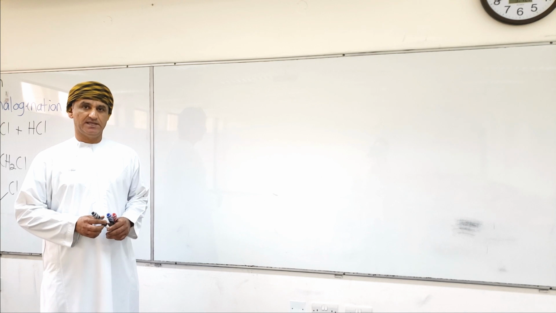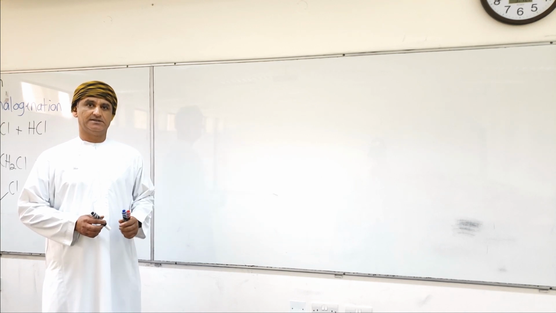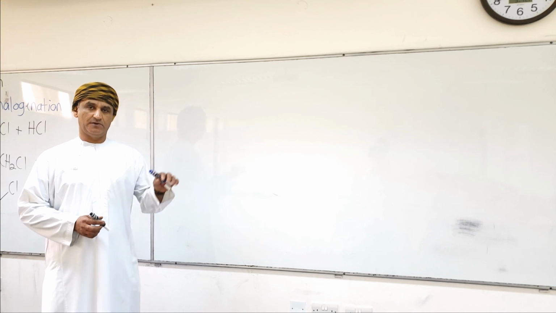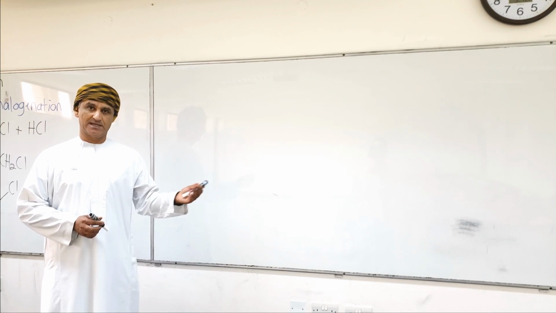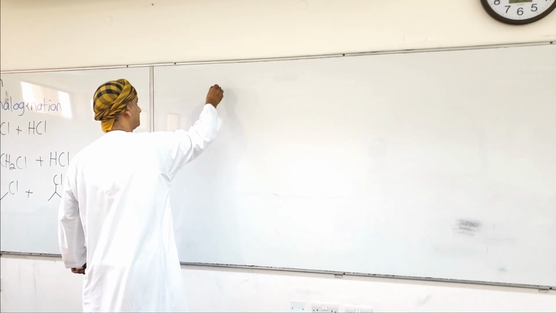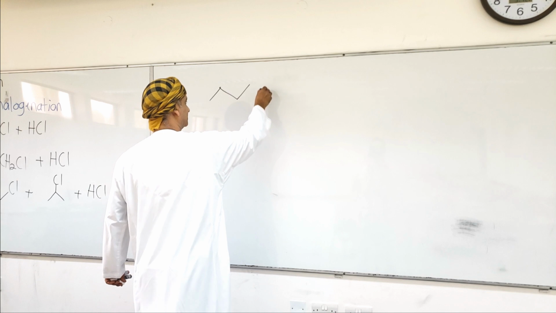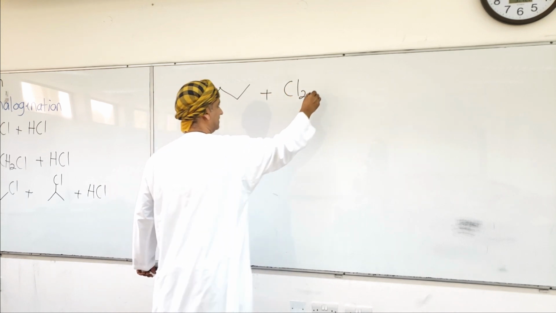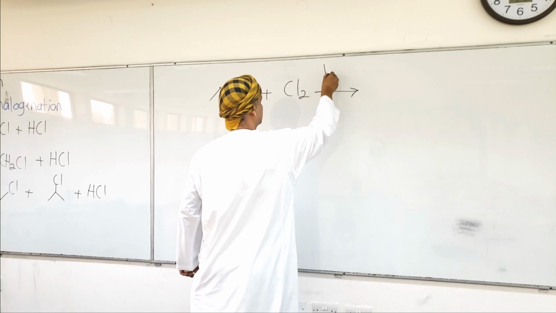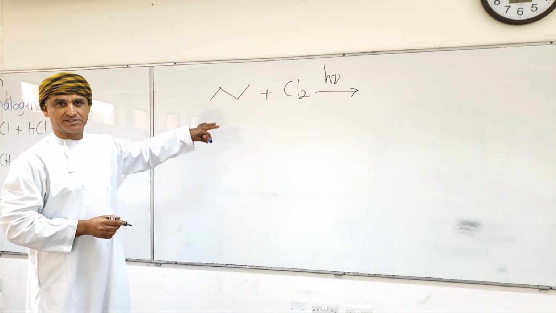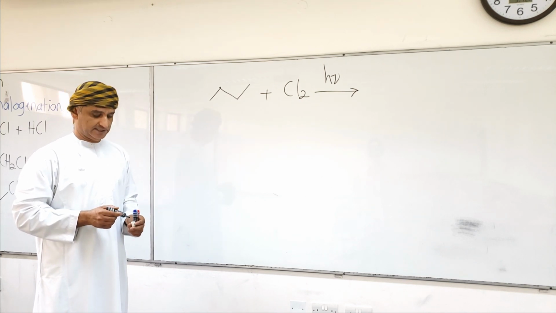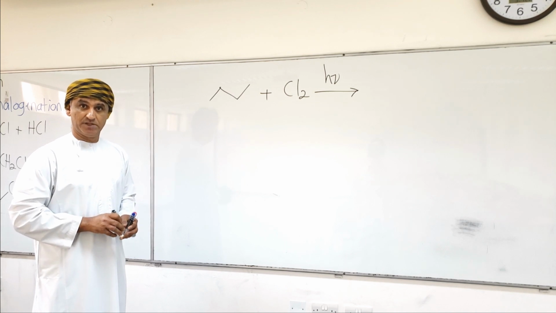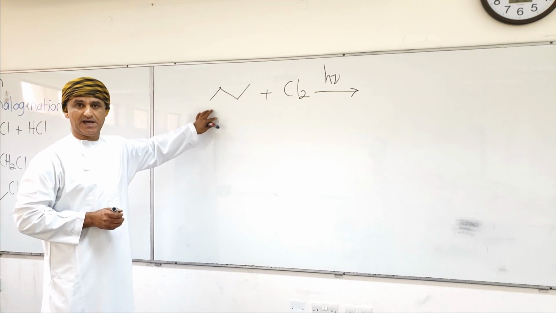Let's now take butane and try to predict the radical chlorination of butane, in continuation of our discussion of the radical halogenation of alkanes in order to make alkyl halides. So this is butane. If we react butane with chlorine in the presence of light, before we write the products, we should think about the number of products expected, and this will depend on the number of types of hydrogens.